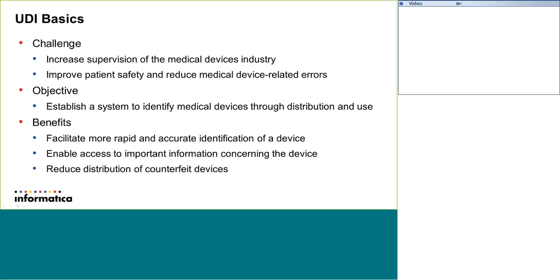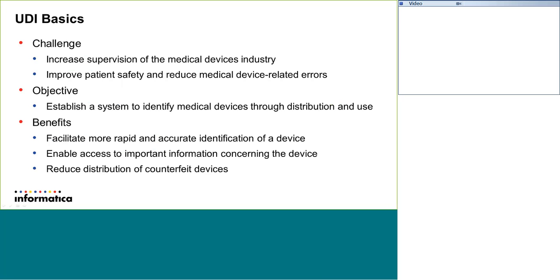Let's start with a short background about what is the UDI regulation and what drove its needs. In March 2014, the FDA released a report stating that medical device recalls have doubled in the last decade. One of the main reasons, according to that report, is that the medical device industry as a whole has not adopted data quality and data governance best practices.